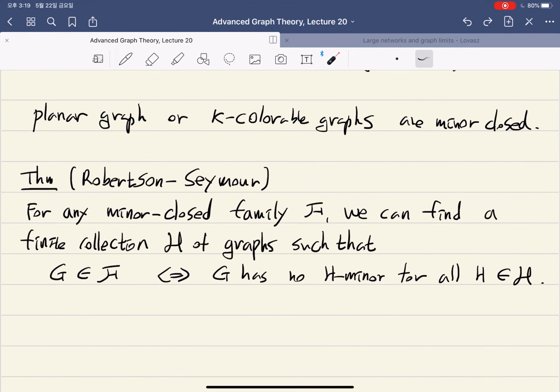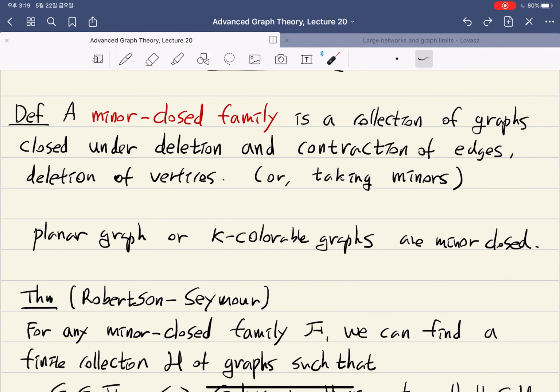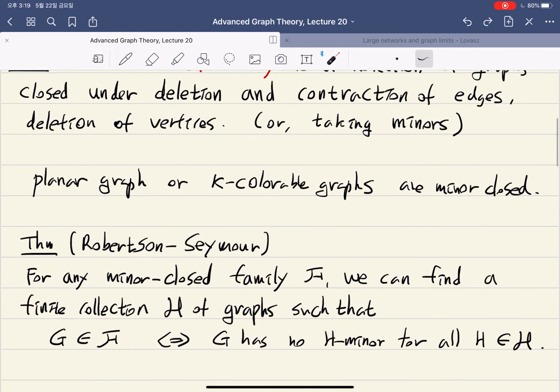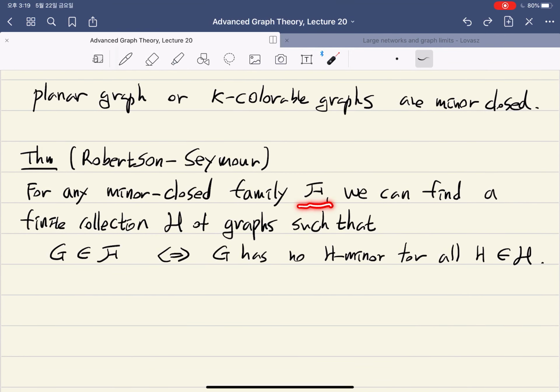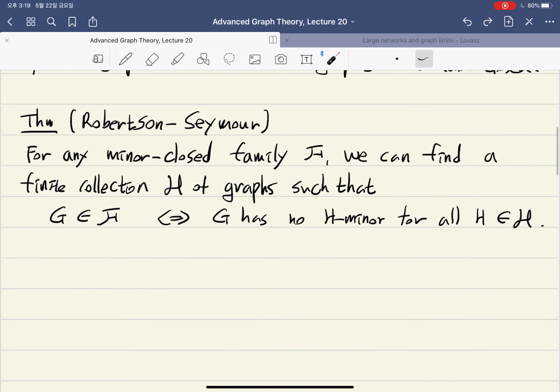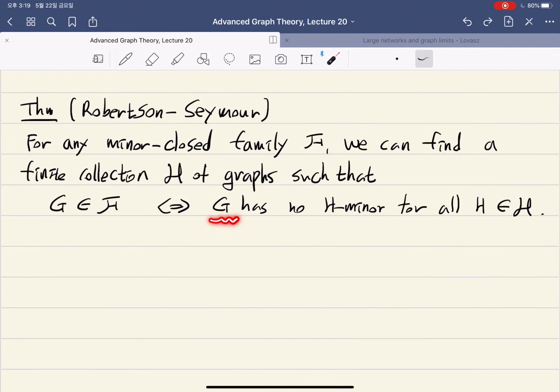Before, we wanted to check whether a given graph is planar. Now what we want to do is check whether a given graph belongs to a given minor closed family F. Then based on the Robertson-Seymour theorem, we just have to check whether G has an H minor for some H in this finite list.